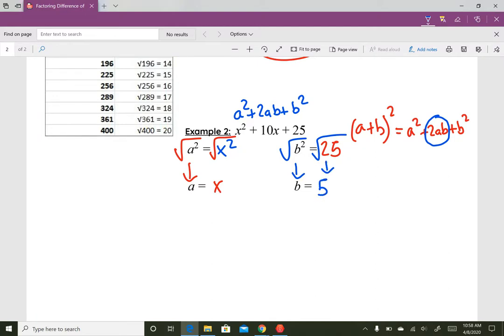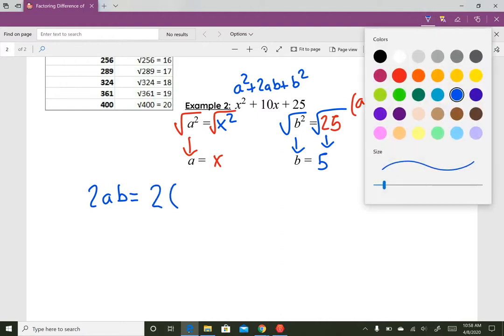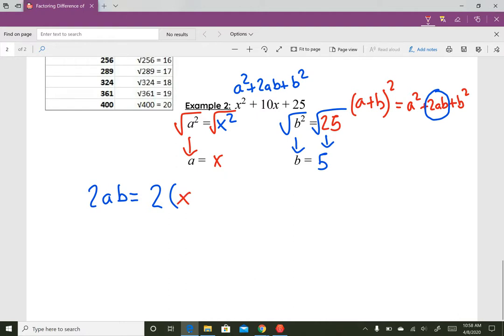So now let's try 2ab. My a is x and my b is 5. So what's 2 times x times 5? Well, 2 times 5 is 10, and then we just have the x: 10x. Is 10x my middle term? It is. So this means it's a perfect square trinomial.